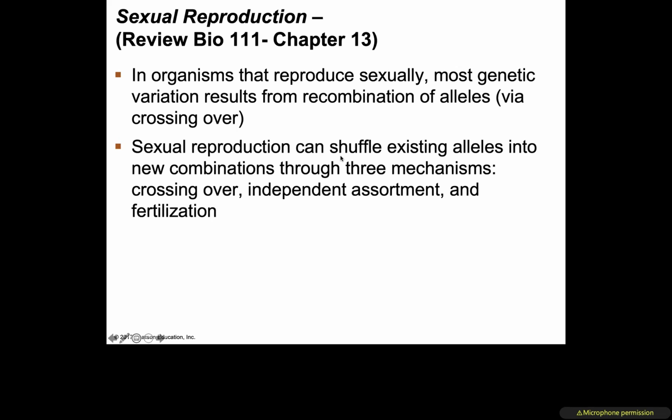Three mechanisms cause that genetic variation: crossing over, which I talked to you about to review in chapter 13; independent assortment, which you're also going to see in your chapter 13 and chapter 15; and fertilization. Those are going to lead to great amounts of genetic variation.